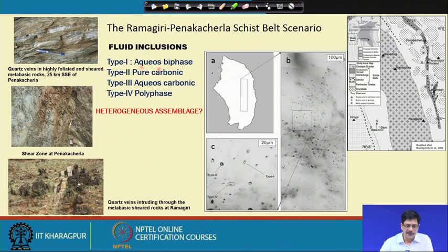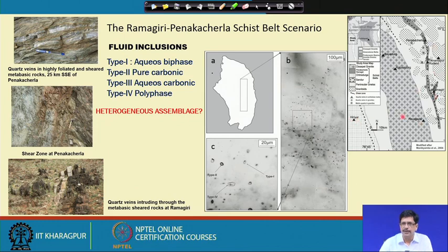This is how the fluid inclusion petrography has been done, taking the sample, and the magnified area is shown here. There are all the 4 types of inclusions: aqueous biphase, pure carbonic, aqueous carbonic and polyphase inclusions. They occur in almost all these host minerals, coming from the schistose rock as well as from the granite.